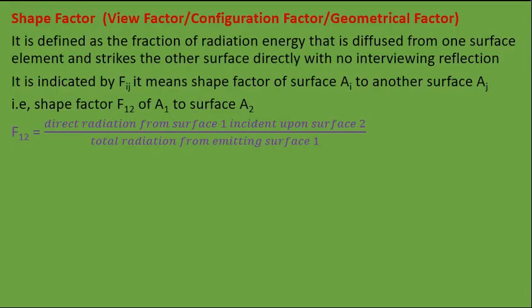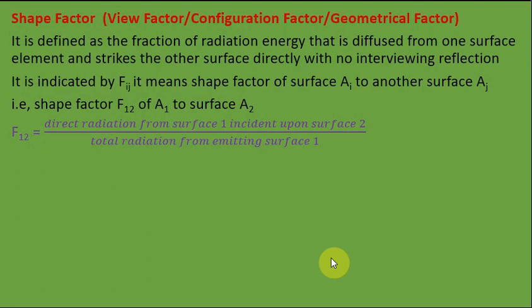Now we will see the definition and details of the shape factor, also called view factor, configuration factor or geometry factor, which is represented by the letter F. The shape factor is defined as the fraction of radiation energy that is diffused from one surface element and strikes the other surface directly with no intervening reflection.